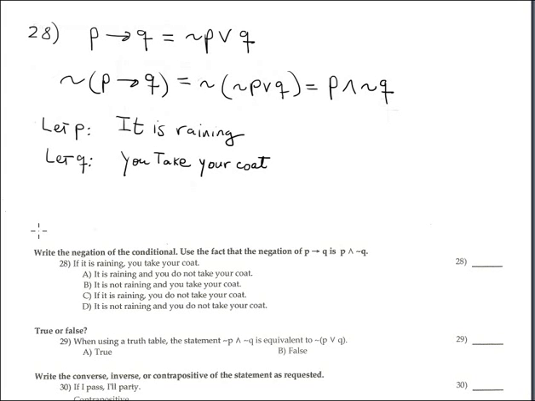Okay, 28 is write the negation of the conditional using the formula. Okay, and the in word is writing word. If no, it is raining.